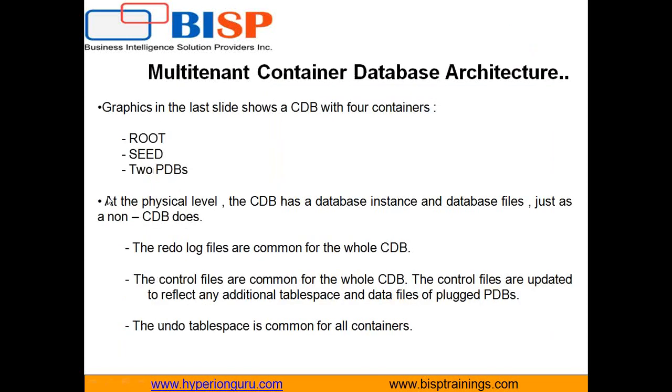So here at the physical level, the CDB has a database instance and the data files, just as a non-CDB does. When you are talking about the CDB, the container database, it has one database instance and data files. This CDB-level architecture is the same as a non-CDB.